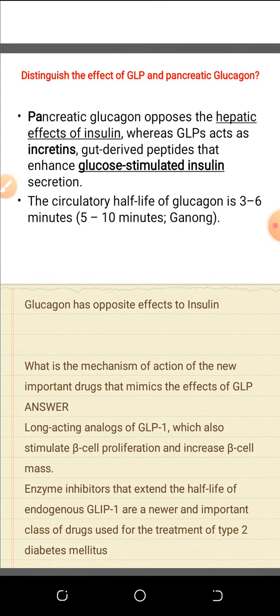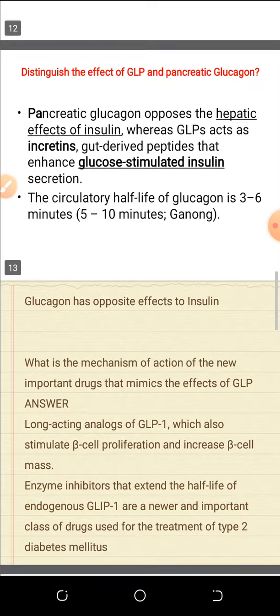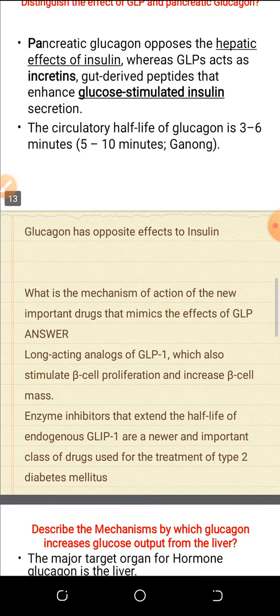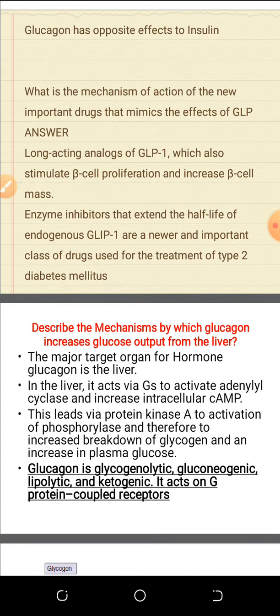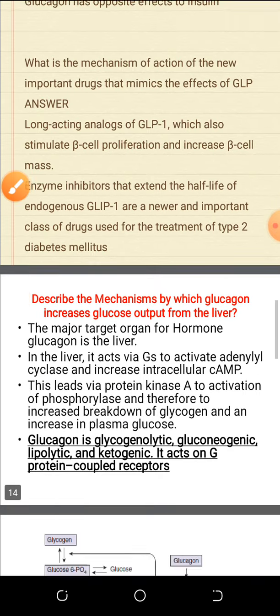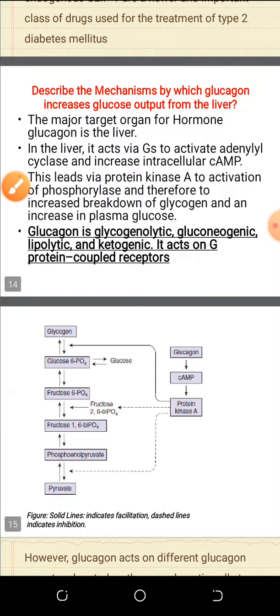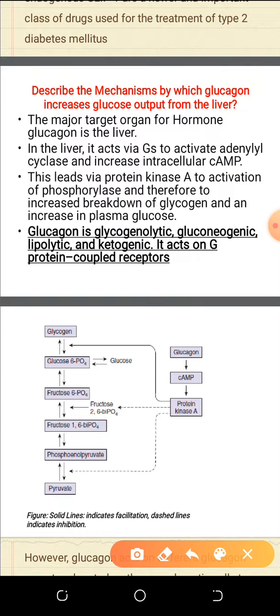Okay, so glucagon has the opposite effects. The mechanism by which glucagon increases glucose output is just the opposite of those which we described with insulin. But we need to understand the enzymes that glucagon does activate.